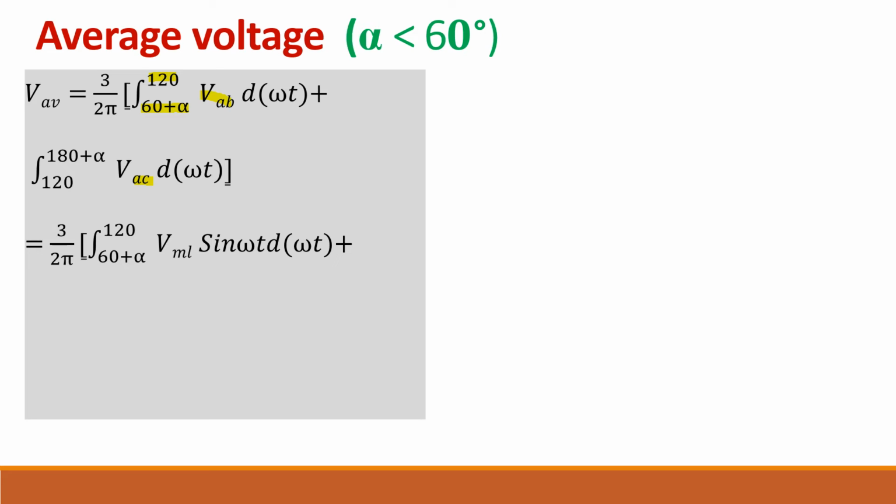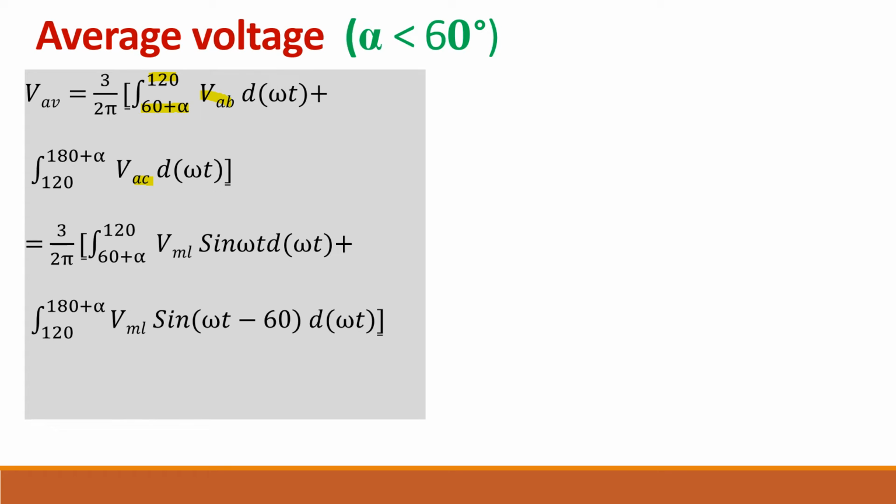If you take VAB as reference, VAC will be lagging VAB by 60 degree. You can see that from the line diagram itself: between the VAB waveform and the VAC waveform there is a phase angle difference of 60 degree.